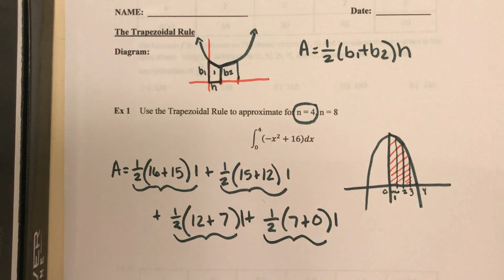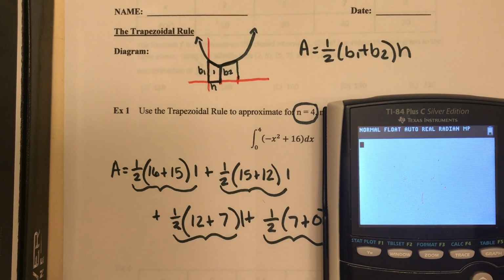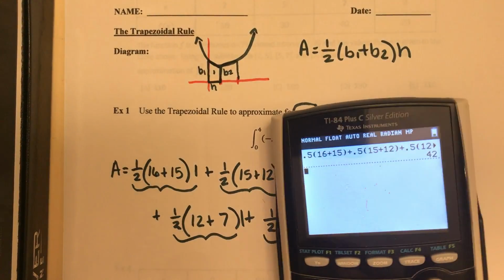So now the only thing left to do is just plug all that in on your calculator. So I'm going to go to a blank screen here and just type all that in. And that gives me 42.